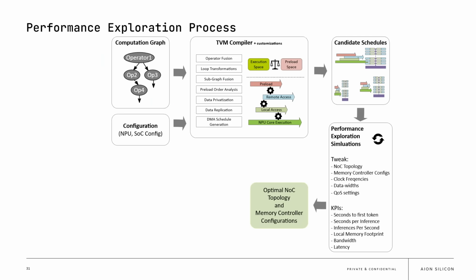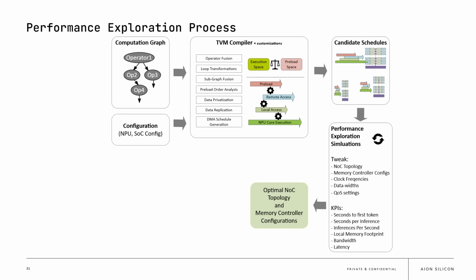So in order to do this, giving a high-level overview of the process, we begin with the computation graph of the application, the AI application, which is described in terms of the various operators, which are the nodes, and then you've got the edges, which is describing the data flow between the operators.